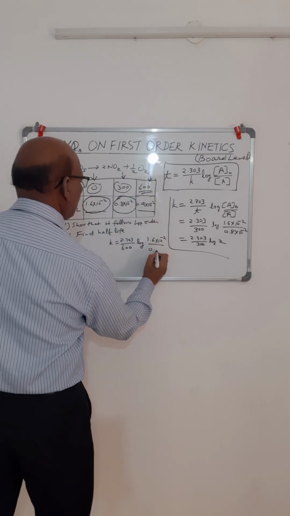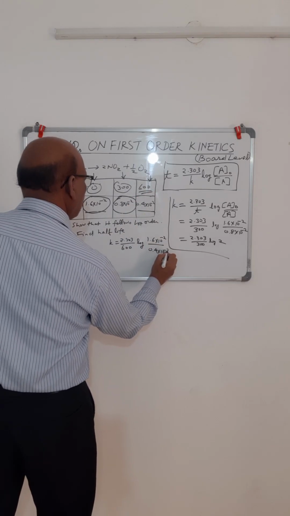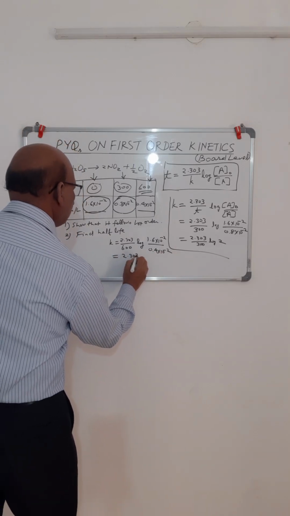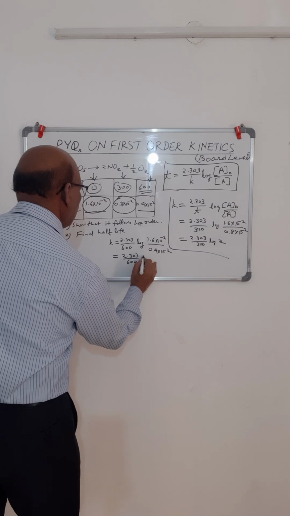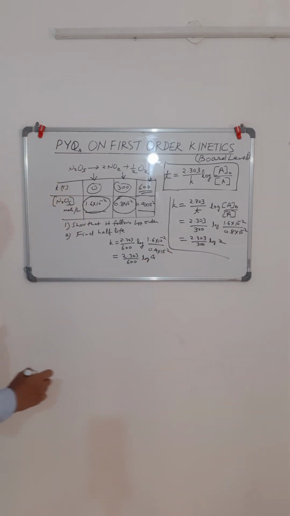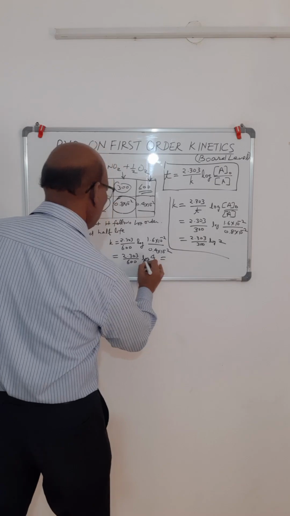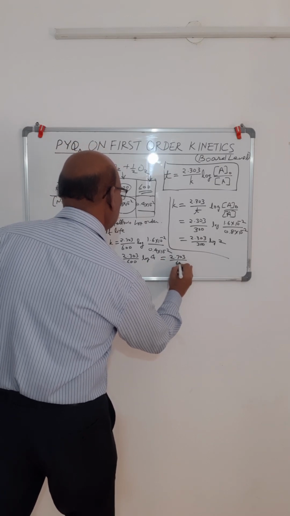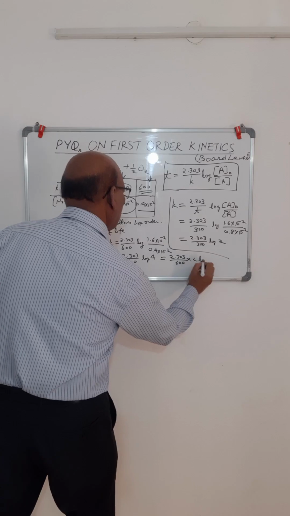It is 0.4 into 10 to the power minus 2. So this will be 2.303 divided by 600 into log of 4. Okay, so we can write this as 2 log 2. So this will be 2.303 upon 600 into 2 log 2.